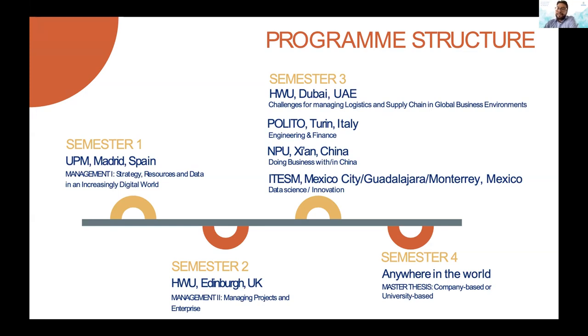And then students choose a specialization. If they want to study things related to supply chains, they go to Dubai; for engineering and finance, they go to Torino in Italy; doing business with China and some operations management, to NPU. And finally, for things related to data science and innovation, they go to Monterrey Tech.